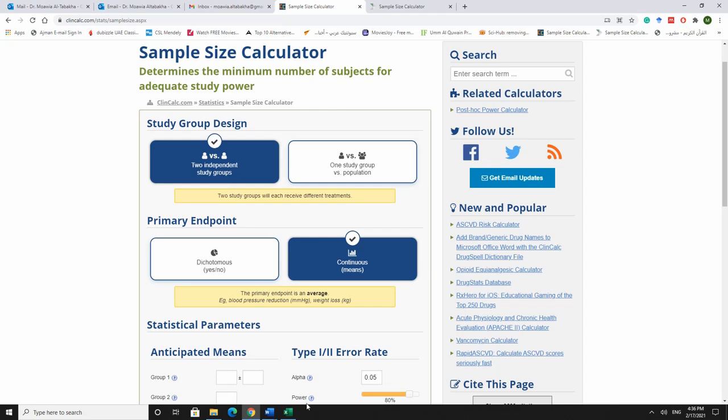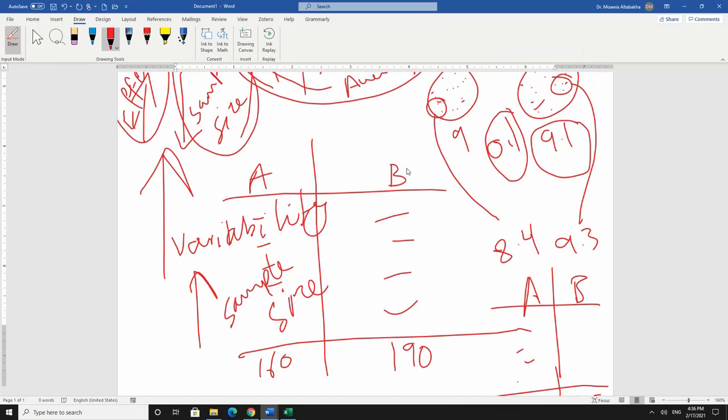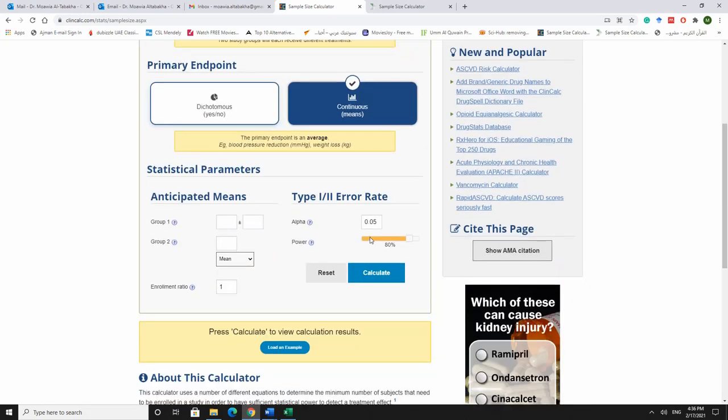Okay, in my case here I was comparing drug A with drug B for the effect on cholesterol level. So I'm having two groups. The cholesterol is continuous. Now look here, anticipated means.